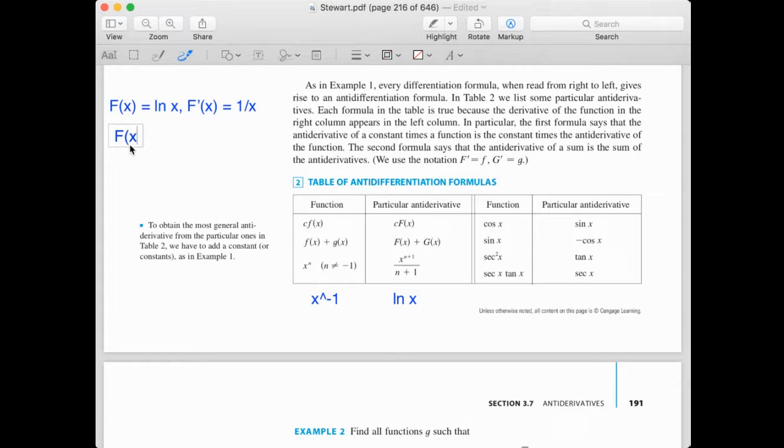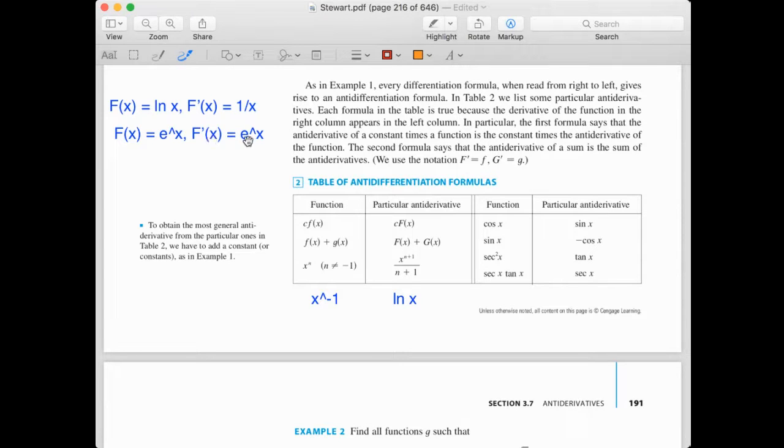If f of x equals e to the x, then f prime of x is itself. The e term, when we take derivative, is always itself. Right? Maybe sometimes e raised by x squared, then we have to do chain rule.